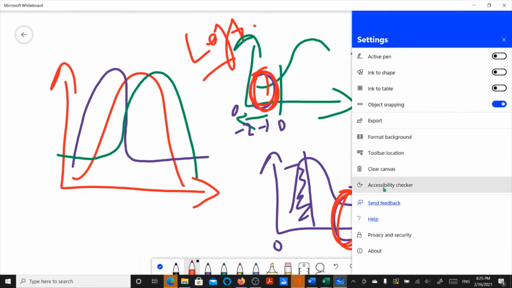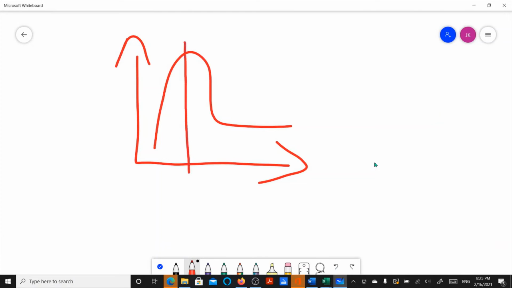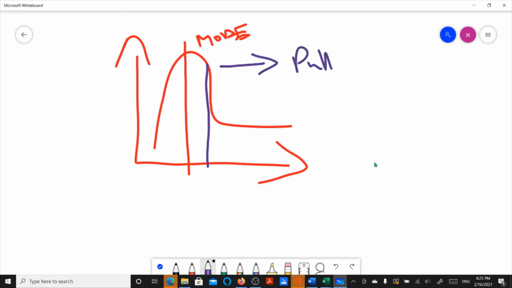Something else I want to show you connected with these. Let's say I am looking at a positively skewed data set. You will see here, this is the mode, M-O-D-E, mode. The mean will be more pulled right, okay?